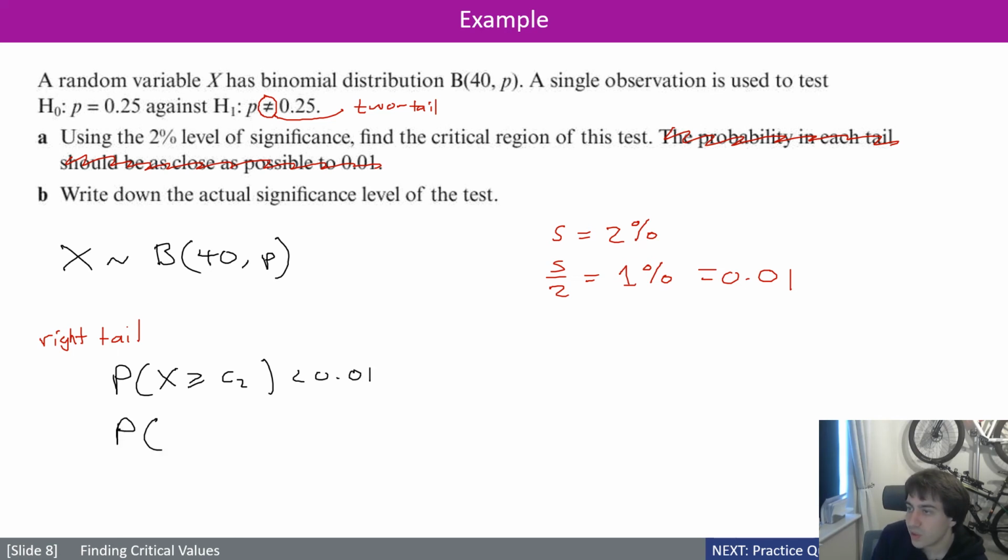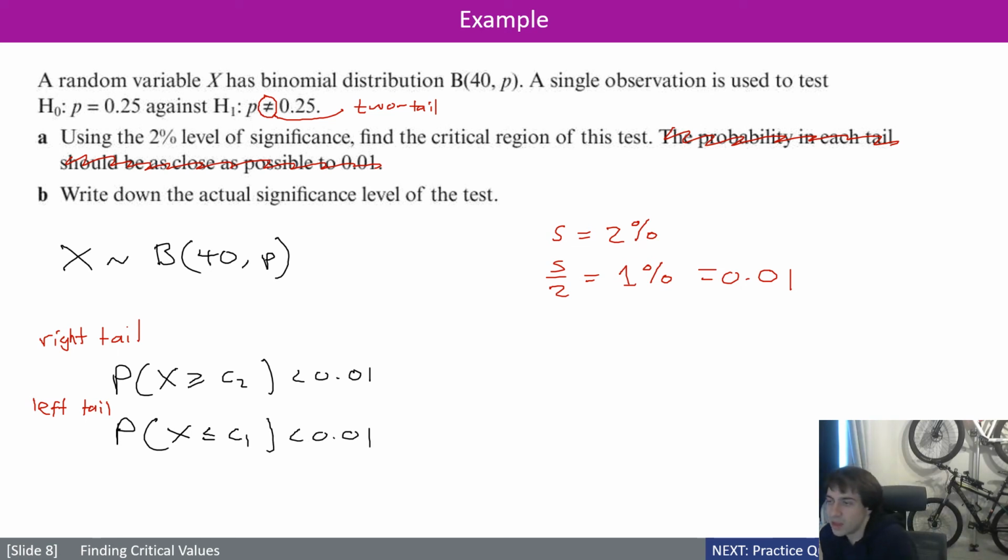And the probability of it being less than the left critical value, so we're on the left tail, also needs to be less than 0.01. So we need to find out what these two critical values are. Once we've got them, we can find the critical region. Remember we had to halve the significance level in this case. If it was one tail, it would be 0.02 here, and we would just be picking one of these.